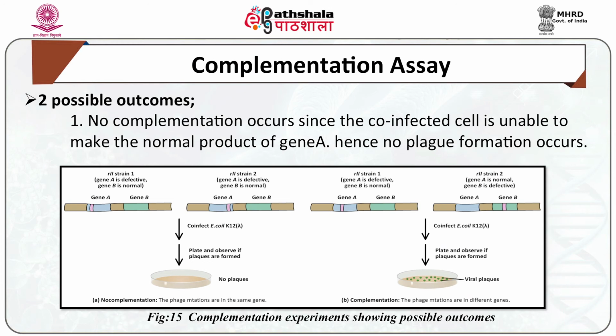Figure 15 shows the complementation experiment showing two possible outcomes. No complementation occurs since the co-infected cell is unable to make the normal product of gene A. The co-infected cells will not produce the viral particles, thus no bacterial cell lysis and hence no plaque formation occurs.